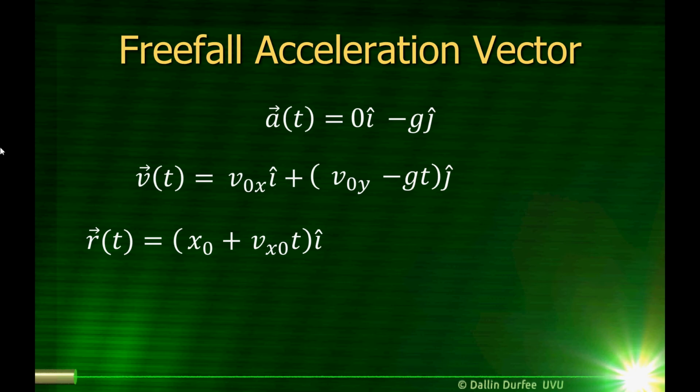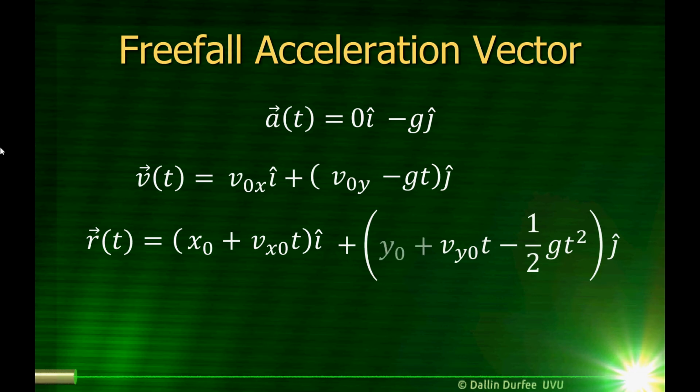When I integrate the y part of the velocity, I get v naught y times t minus 1/2 gt squared, and then I also get another integration constant, which is the y component of the initial position. So now, given that my acceleration is negative g in the y direction, I've been able to find the velocity and the position as a function of time and the initial position and the initial velocity.